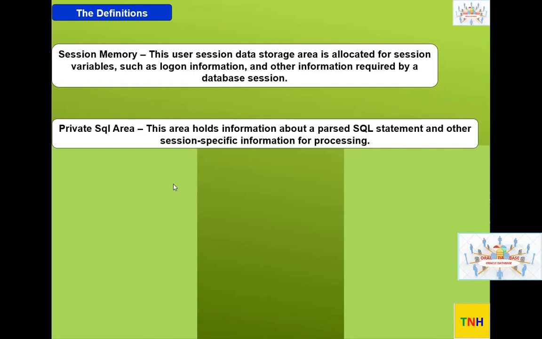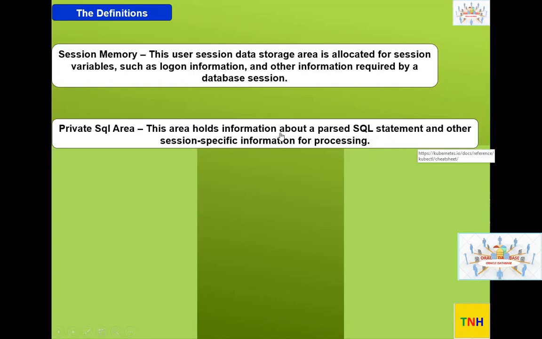So what is mentioned here, this area holds information about past SQL. Past means the execution plans that are already generated, so previously executed SQL statements. We have that information, not everything, but user-specific information will be stored in this private SQL area.